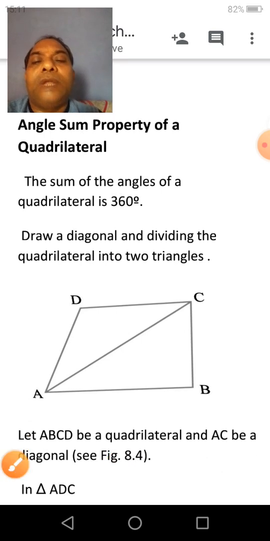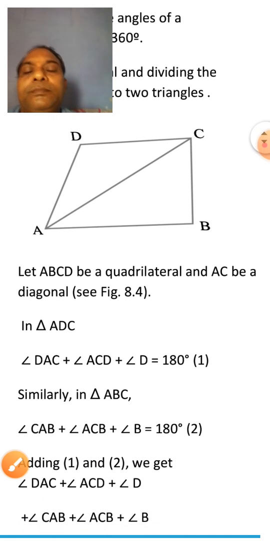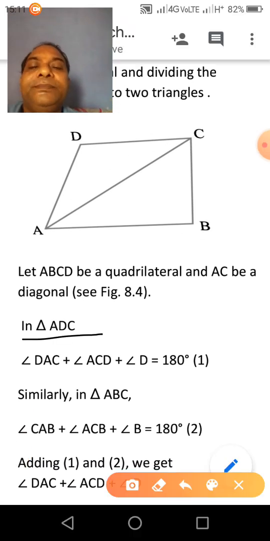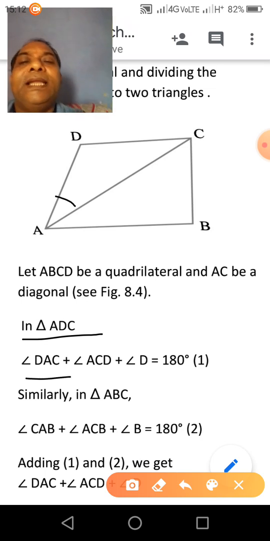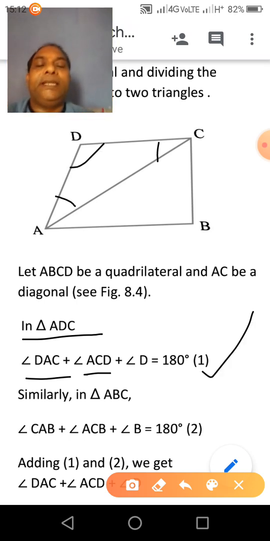So now see here, in triangle ADC, angle DAC plus angle ACD plus angle D is equal to 180 degree.